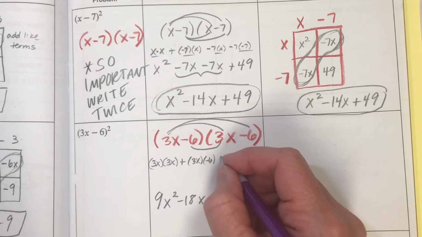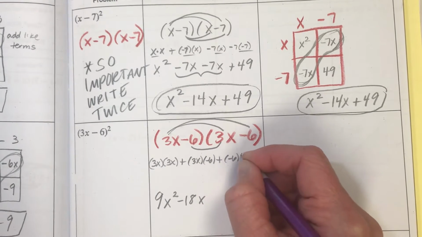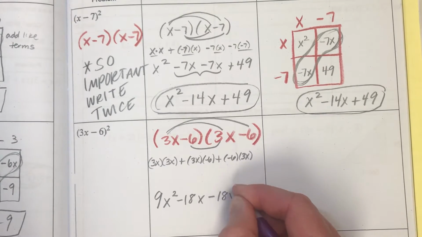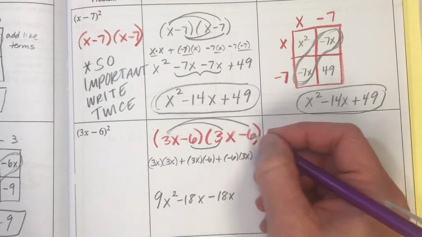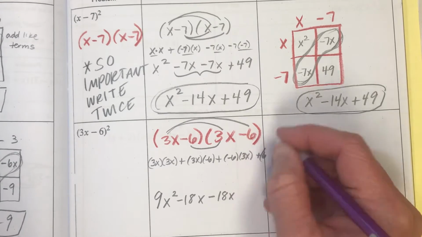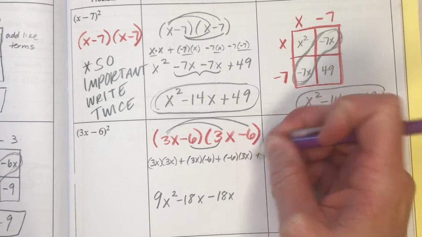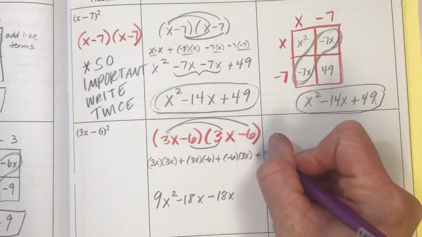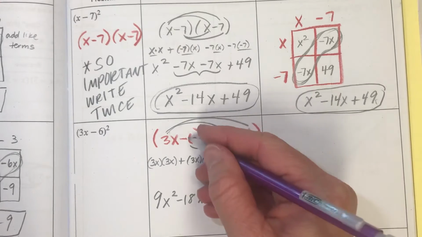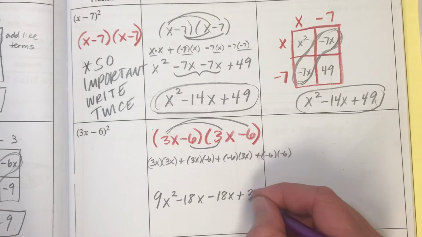Negative 6 times 3x here is also going to get me negative 18x. And negative 6 times negative 6, I should say plus, forgot my negative sign here. Negative 6 times negative 6, which is going to be a negative times a negative, a positive 36.